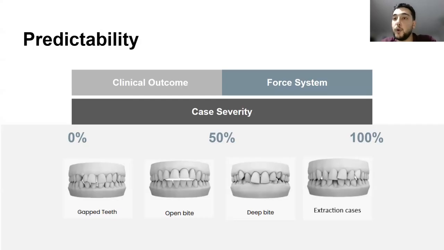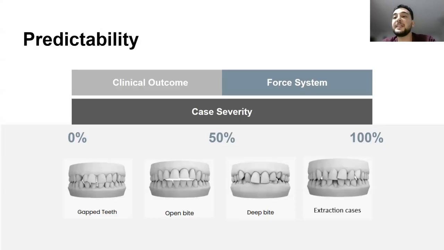This might be true to a very big extent, but I always like to think about it as a spectrum. Depending on the case severity or the type of movement needed, whether it's predictable or not with aligners, you can go from the 3D simulation being a representation of the clinical outcome whenever we have, for example, spacing cases or an open bite.